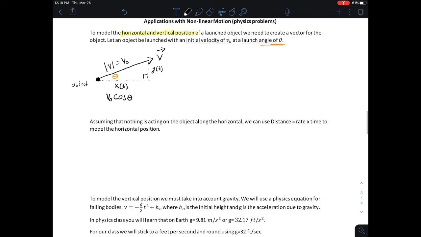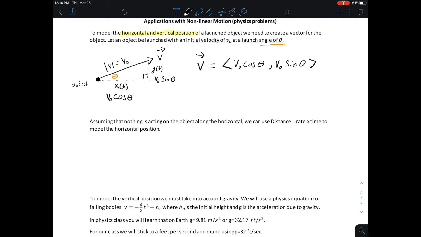It will be initial velocity times sine of the launch angle. That brings us to the component form of the vector for the launched object: v naught cosine of theta, v naught sine of theta. So initial velocity times cosine of the launch angle, and initial velocity times sine of the launch angle.